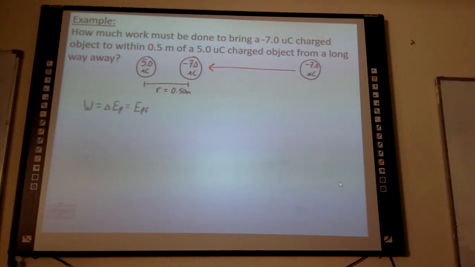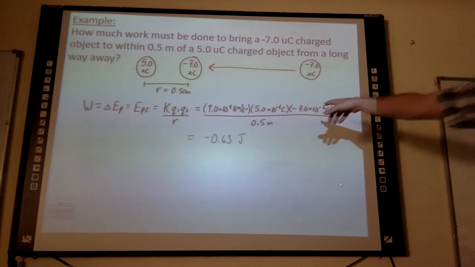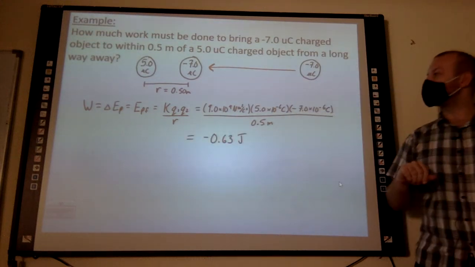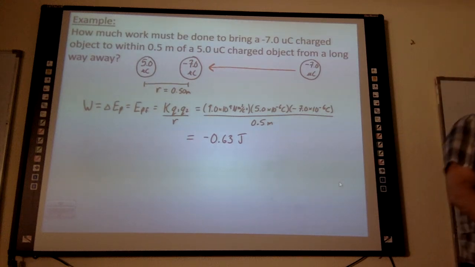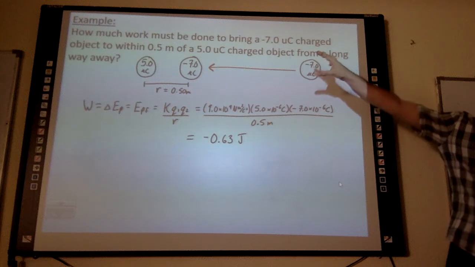We're doing the exact same thing. Work is changing potential energy. The initial is 0 because it's a long ways away. We have our equation, plug in numbers. Notice here now it's negative because I've got a negative charge. And we end up with negative work. Again, because you do not need to force this object to move over.